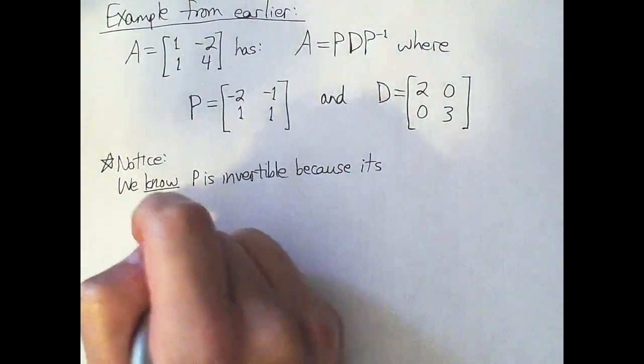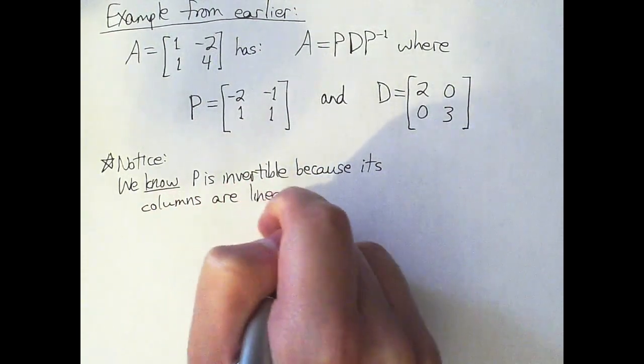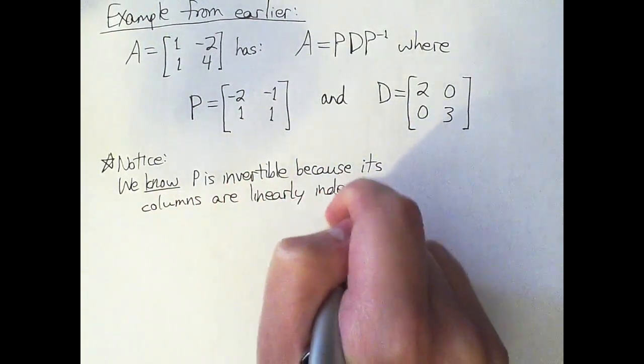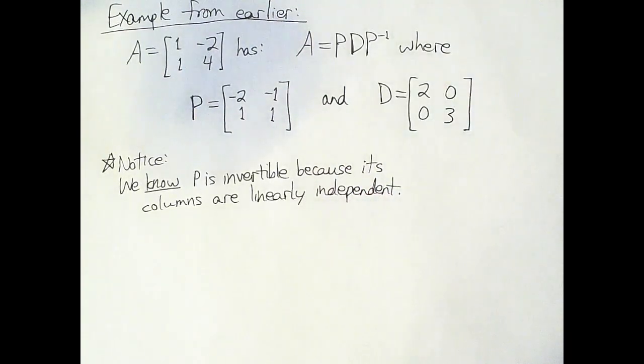It's because its columns are linearly independent. So that was one of the facts in the invertible matrix theorem.